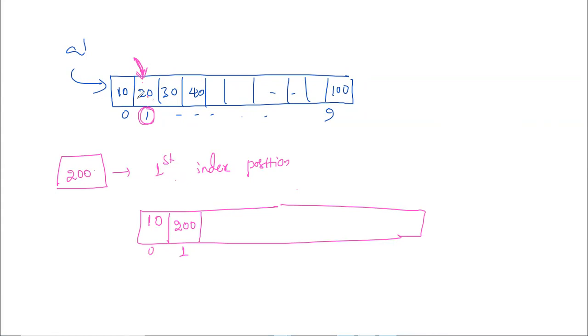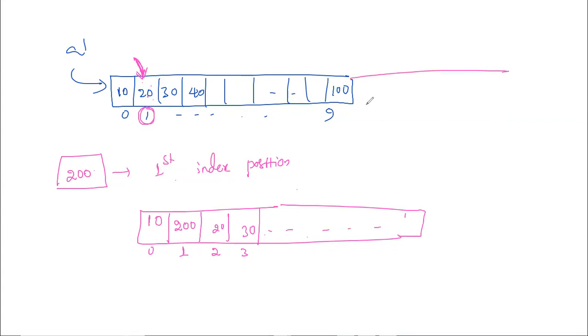When we add extra data, the previous data should also be there. So 20 will move to the next index position, and 30 will move to the third index position. Like this, all the previous 8 or 9 elements have to move.